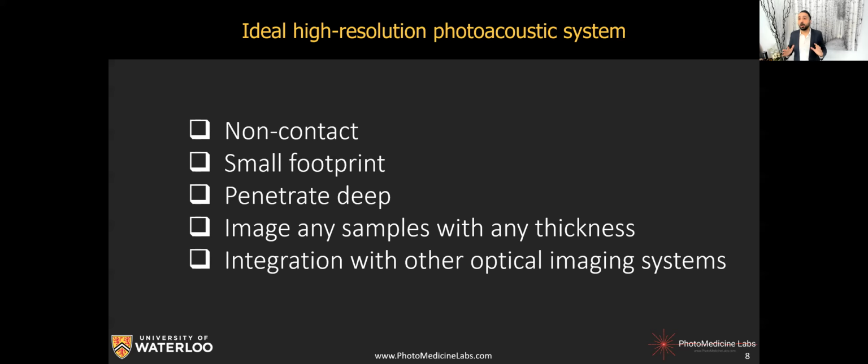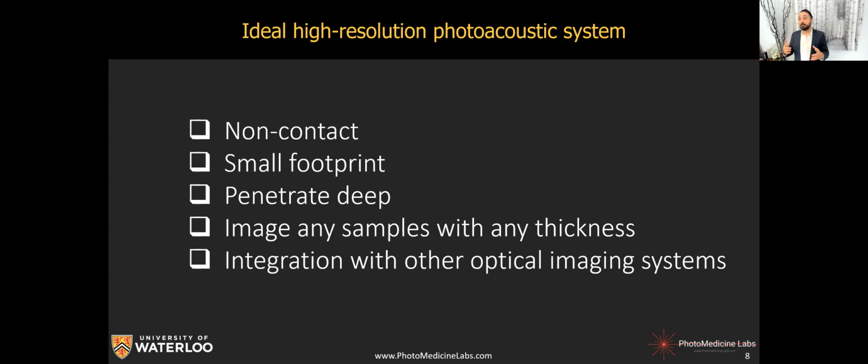So the ideal scenario would be if we can increase that penetration depth even twice or 3 times and still have the same resolution. We want to make sure that we can image any target with any thickness. For example, during in situ imaging of someone's body, you may want to penetrate a little bit deeper, but you don't want to care about how deep the target or the sample is.